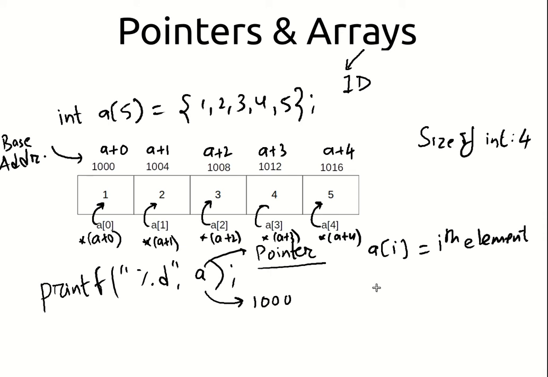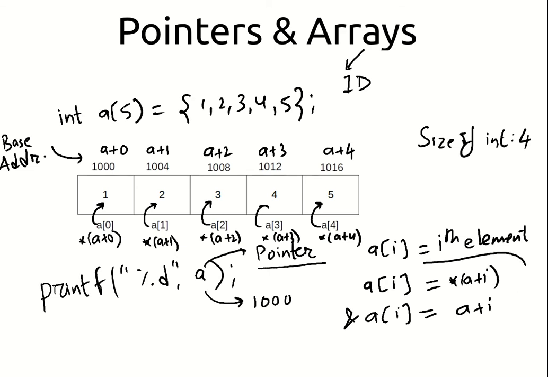So in general, if I write the array using subscript notation like this, A[i], and I write &A[i], the equivalent pointer notation would be: &A[i] can be written as A plus i, and A[i] can be written as *(A+i). Both are the same thing.